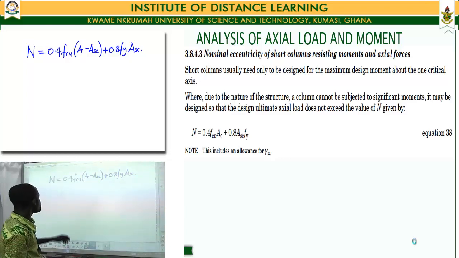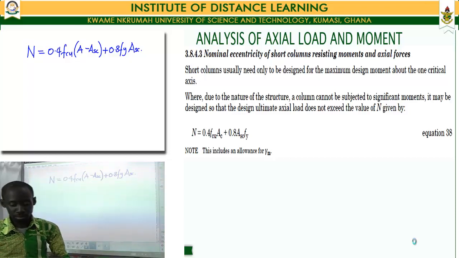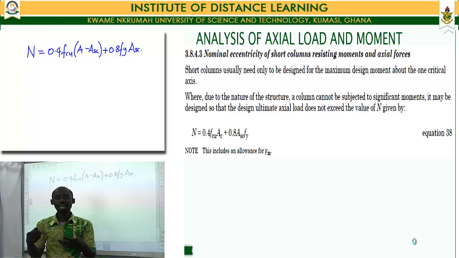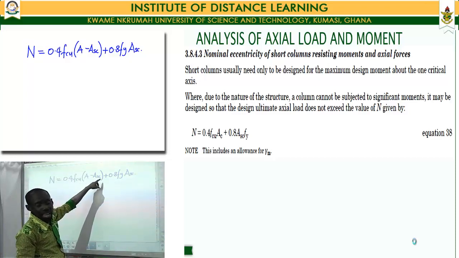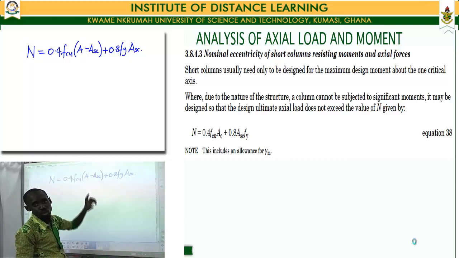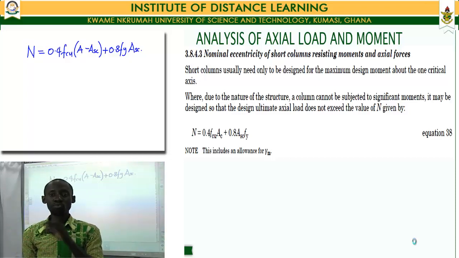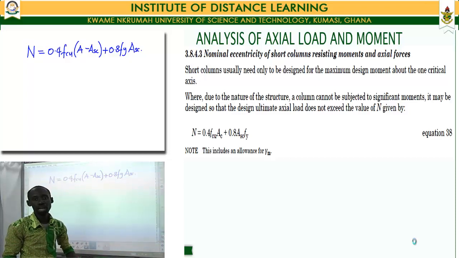So if we equate our design load to our N, and we make the ASC, our area of steel reinforcement, the subject, we should be able to calculate the area of steel reinforcement required to carry as much load as our column is supposed to carry.